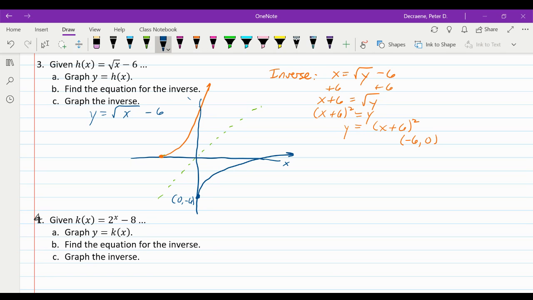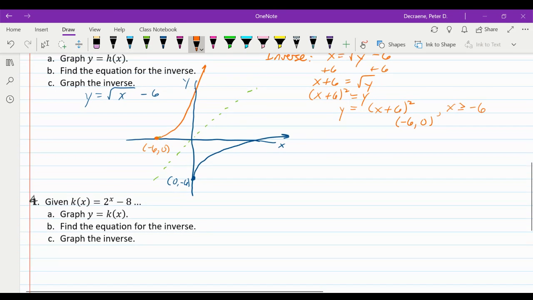And again, there's our y-axis coming up there. So now you can see they're symmetric across y equals x. When we get to this parabola, we have to say we only want the x values bigger than or equal to -6, because we don't want to go on the other side of this, or we're not going to get that symmetry.